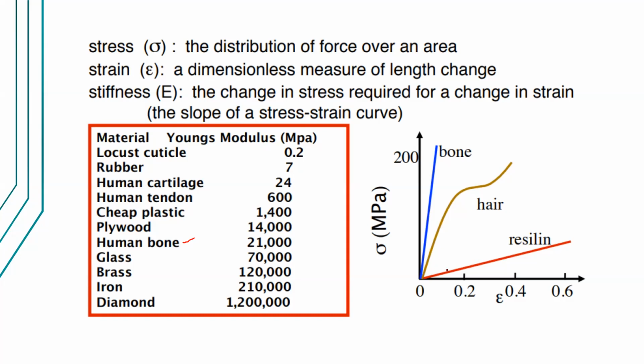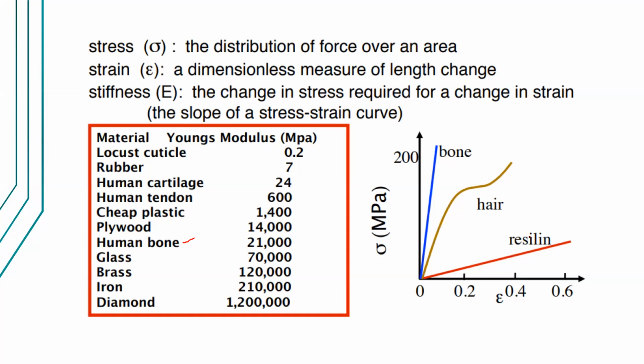Now, resilin is a protein found in the hinges of arthropods, the insects, for example, in their wings. As you can see, it's quite well extended in its graph.